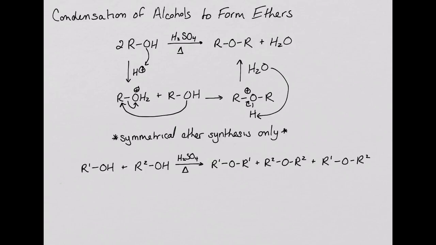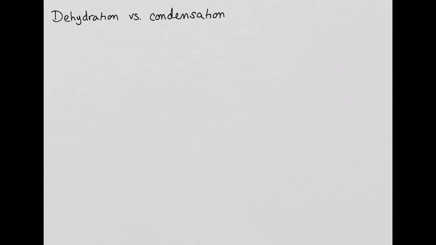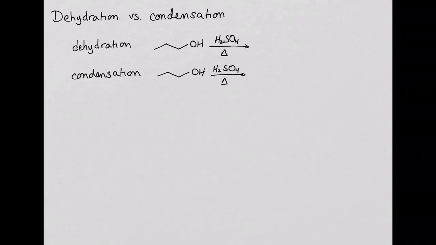Now let's compare the condensation and dehydration reactions. If we compare these two reactions side by side, the reaction conditions look almost identical. However, these two reactions result in different products. The main difference is that a dehydration uses one molecule of alcohol starting material per molecule of product formed, whereas condensation requires two molecules of alcohol to form one molecule of product.